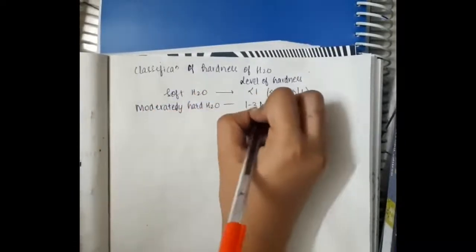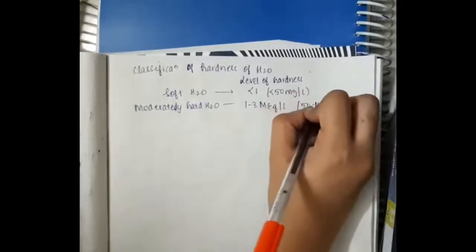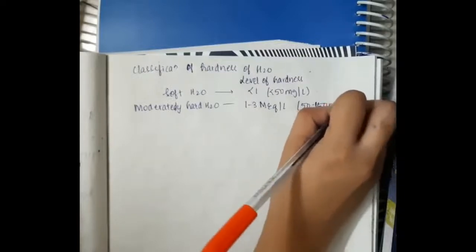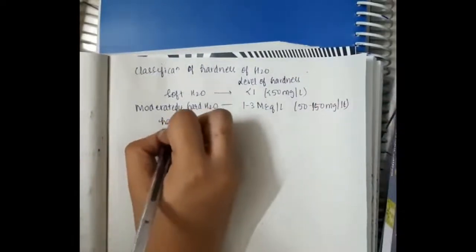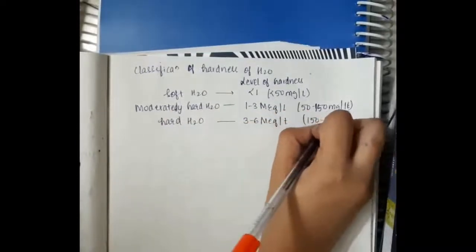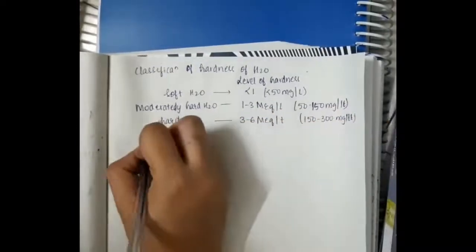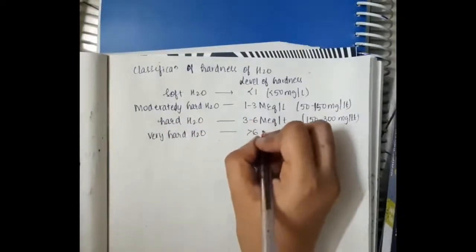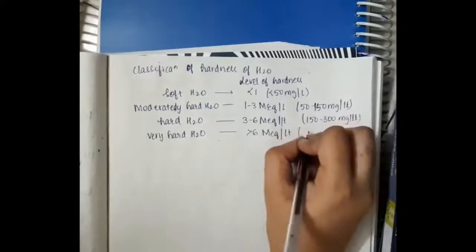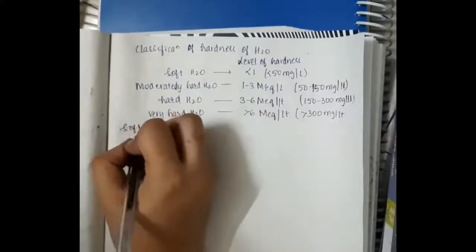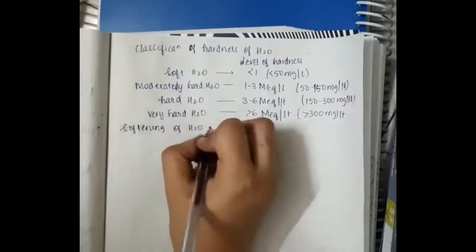We call it moderately hard water if the level of hardness is 1 to 3 milliequivalent per liter, or 50 to 150 milligram per liter. Hard water has 3 to 6 milliequivalent per liter, or 150 to 300 milligram per liter. Very hard water has more than 6 milliequivalent per liter, or more than 300 milligrams per liter of hardness.